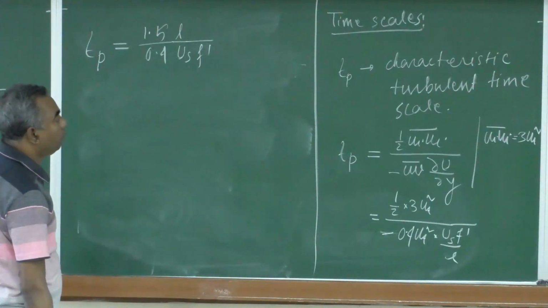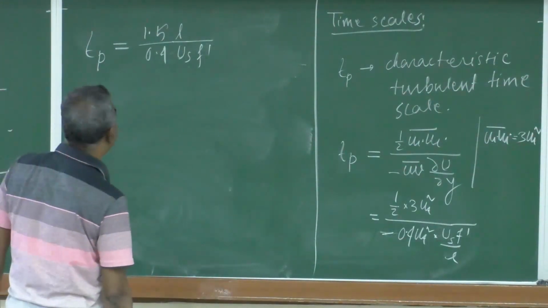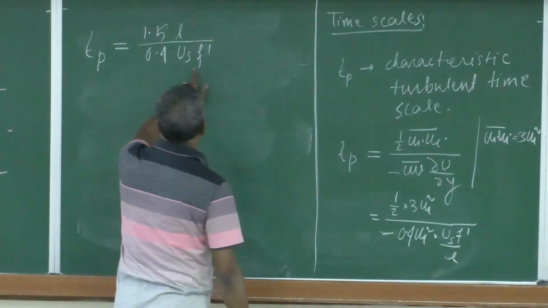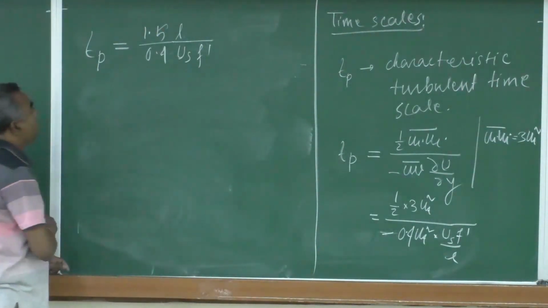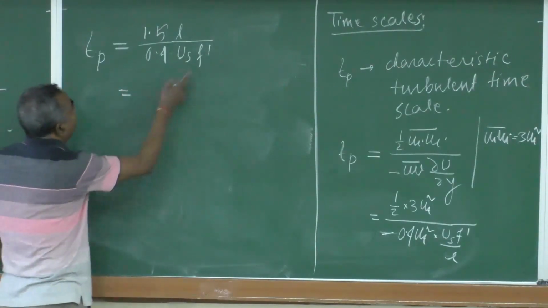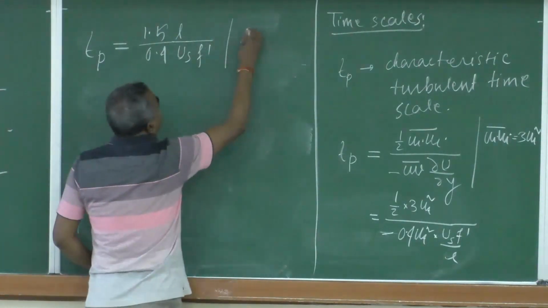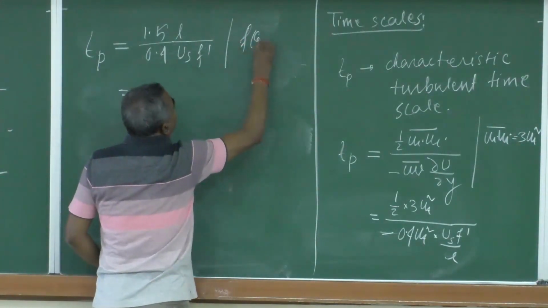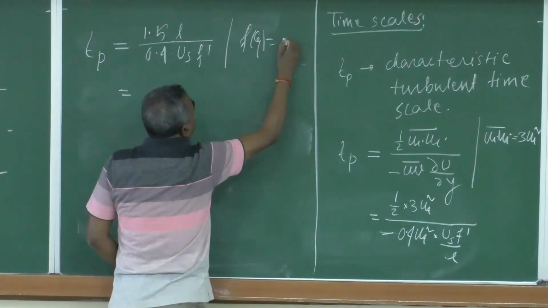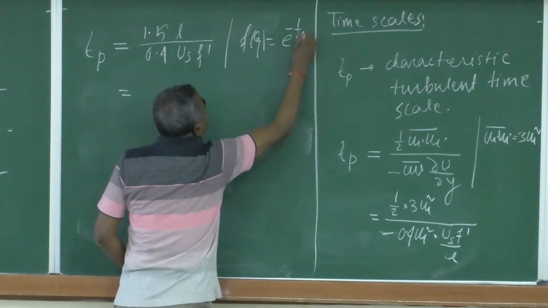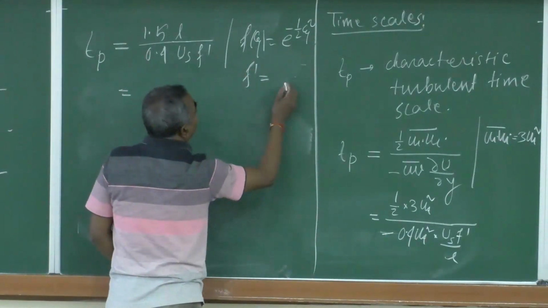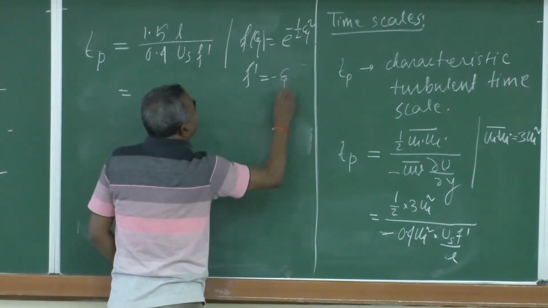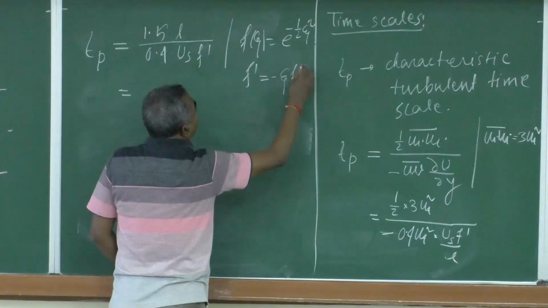Now, we have to put the value of that f prime. Okay. So, what is f prime, if we consider, half xi square, right. So, f prime is nothing but minus xi f of xi.